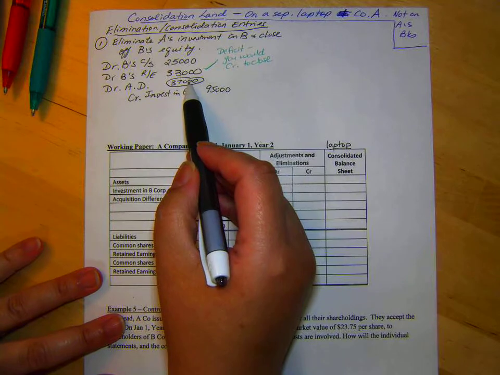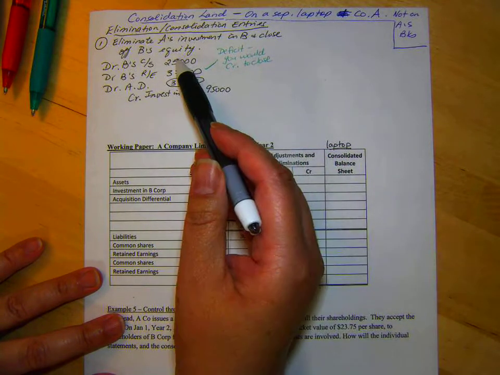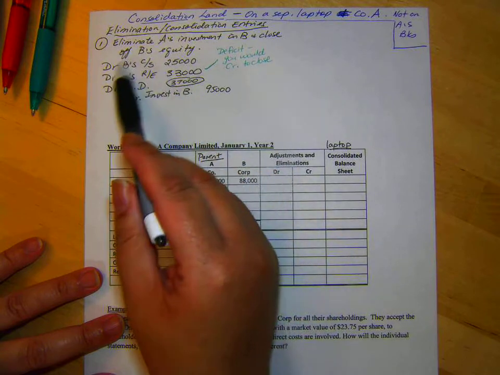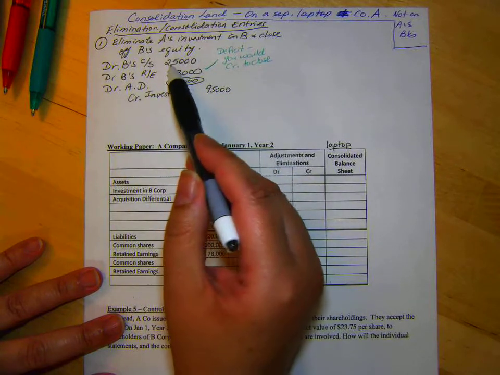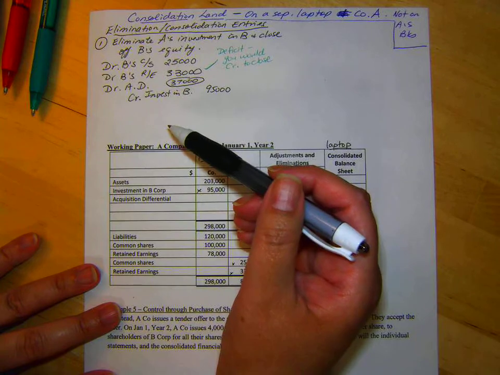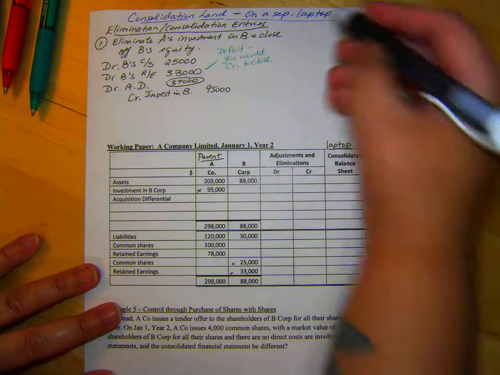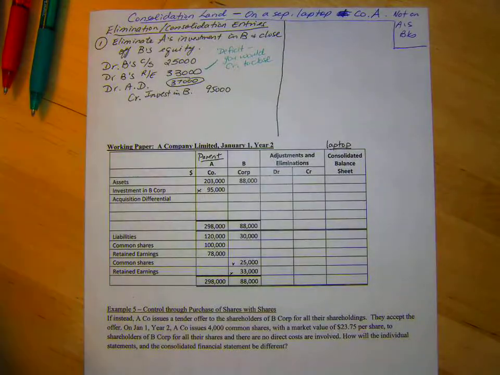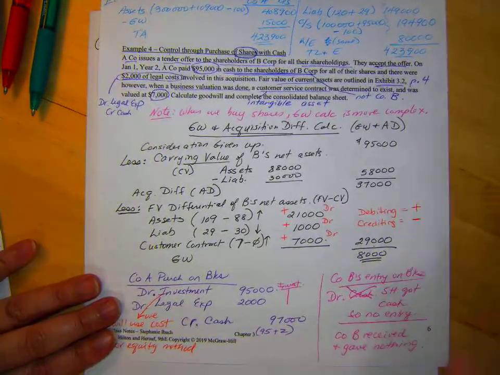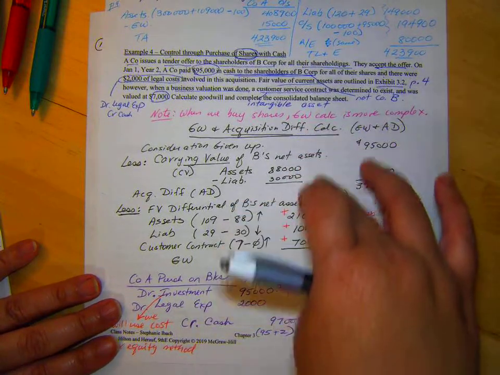Okay, so the acquisition differential covers the carrying value of B's assets minus liabilities equals equity, so that's what we've got here, and it gets rid of the investment. So now, if you look back on page 6, that was up here.